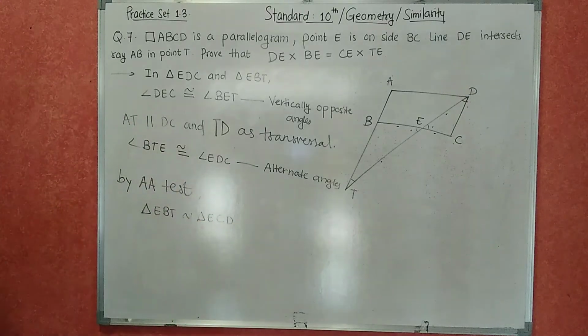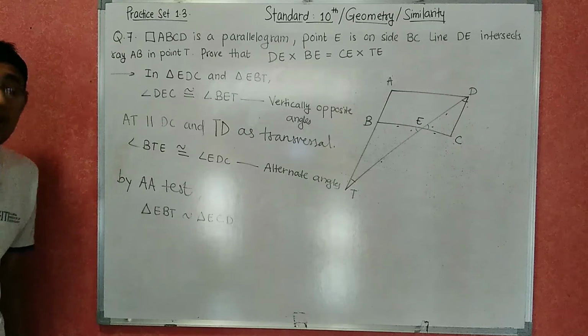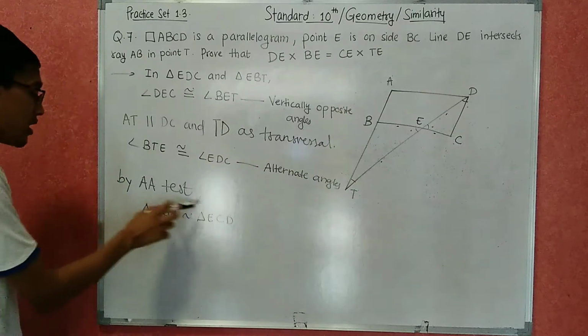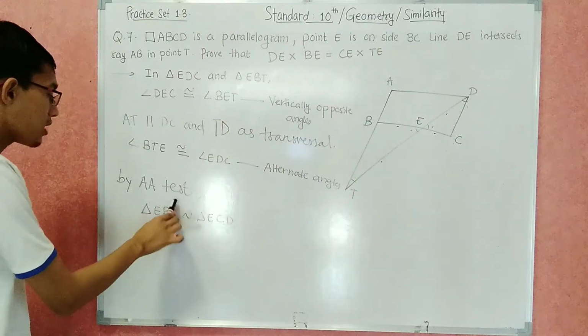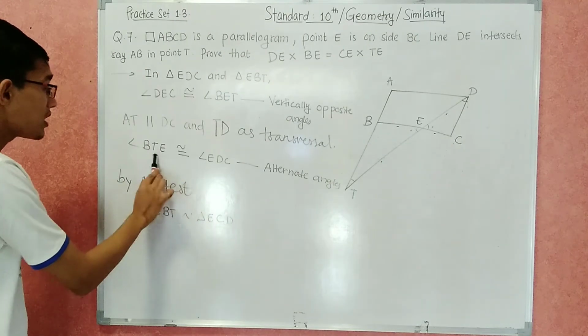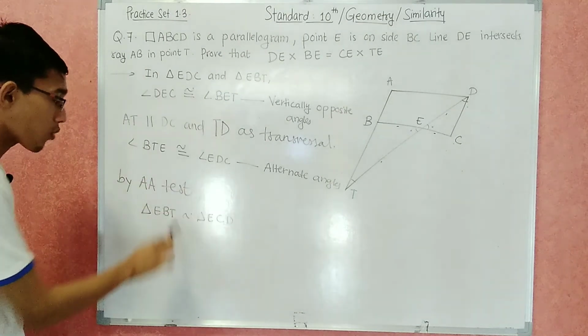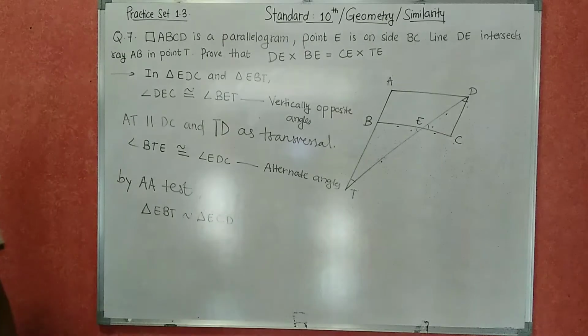Again you can see that I have taken point to point correspondence. Angle E, then angle T and angle D, which we have proved they are congruent, so I have taken them in correspondence.